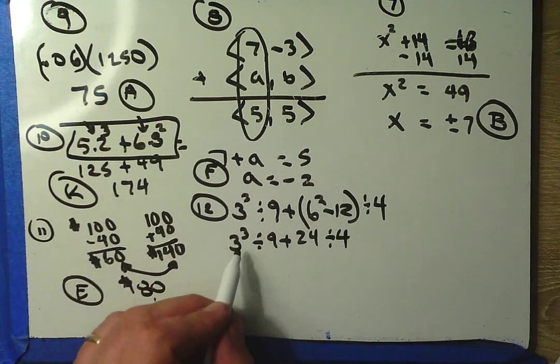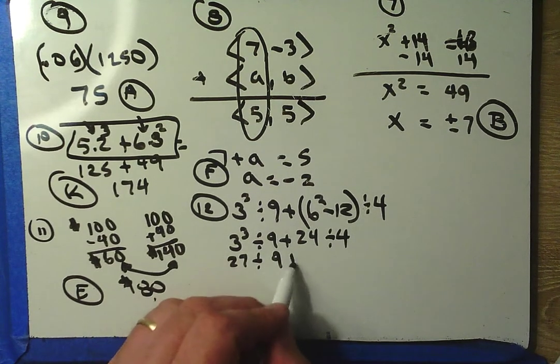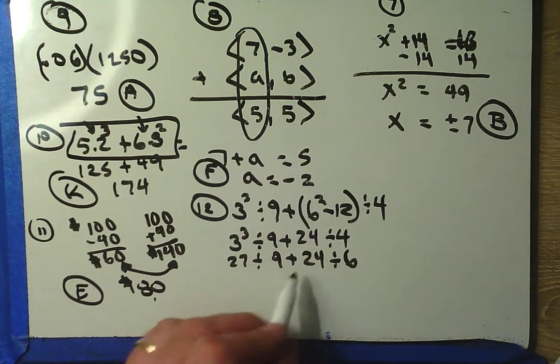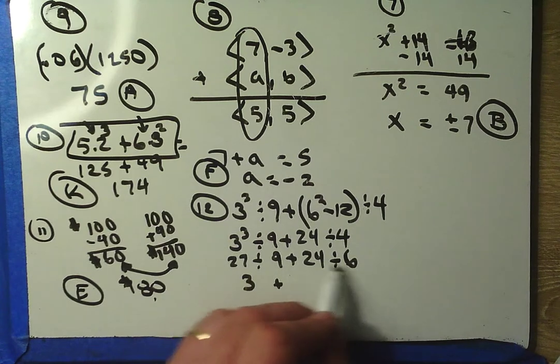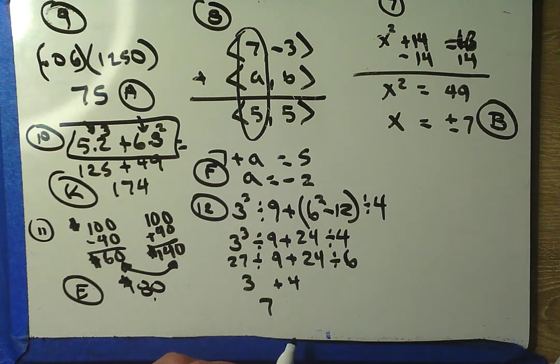And 3 to the third, because exponents come next, is 27. And then I'm supposed to do division before I do addition. So 3 plus, and what's the result of this division? 4. So I get 7. 7 is my answer.